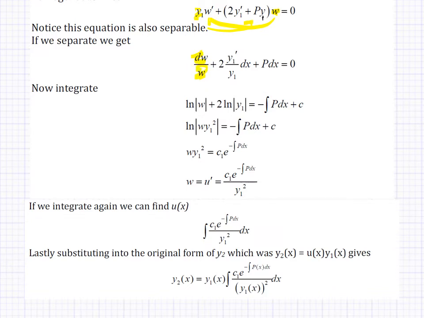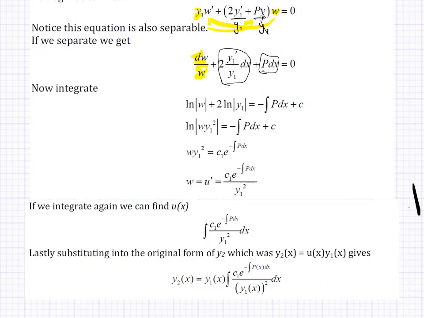And then when I divide by y1, this is being divided by y1, and this is being divided by y1. If I separated that, I would have this piece, and I would have just p dx over here, because the y1s would cancel.